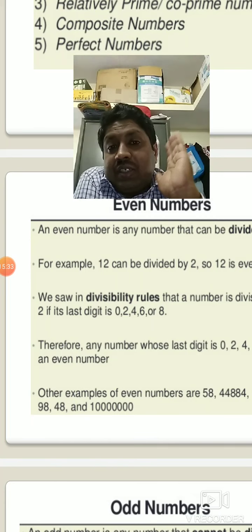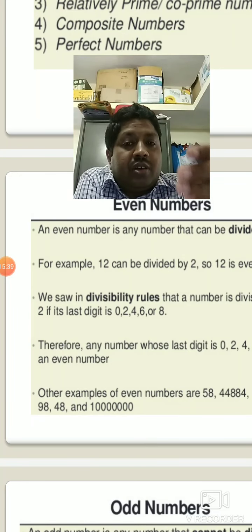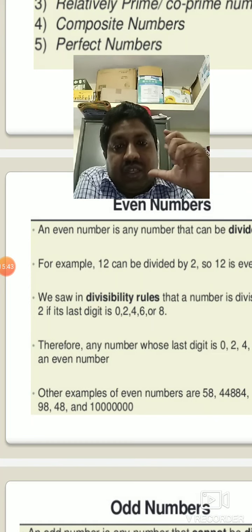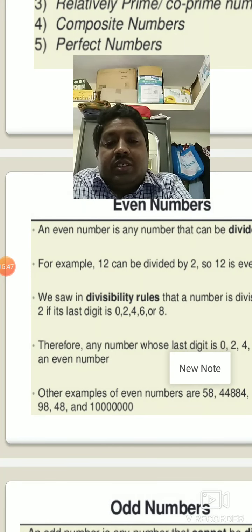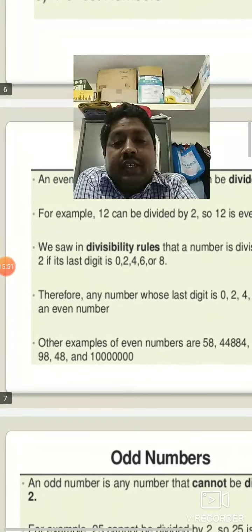You should remember that divisibility rule for 2: 0, 2, 4, 6 or 8 in the unit digit, the last digit. Therefore, any number whose last digit is 0, 2, 4, 6 or 8 is an even number.